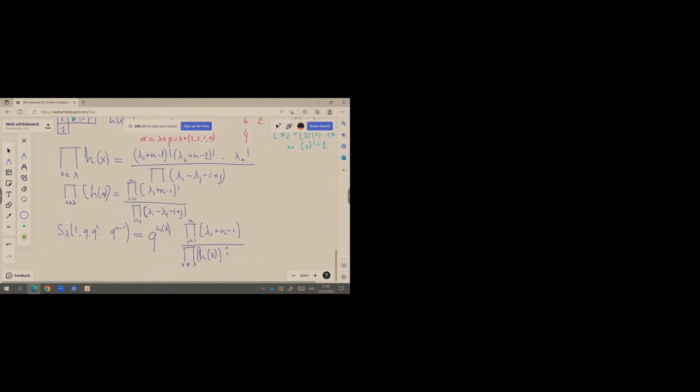So times the product of j minus i for i less than j. Right? There's something missing here. This is factorial. Right.